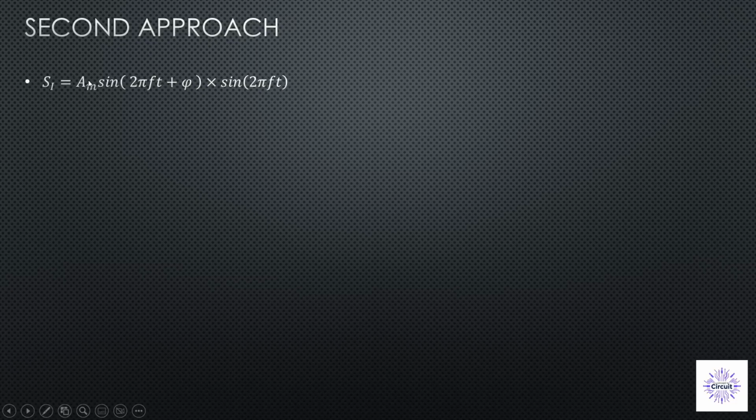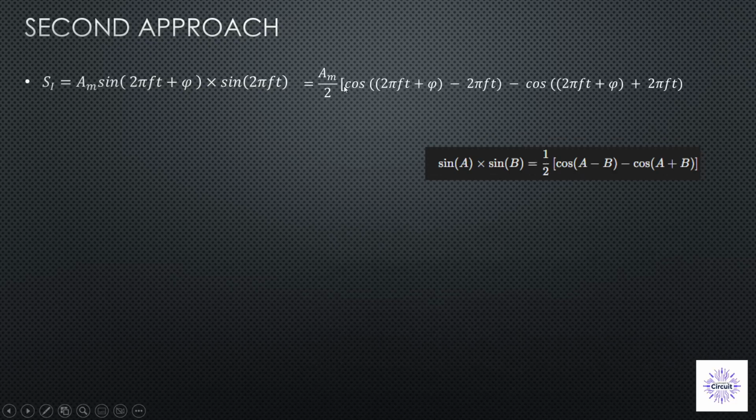What happens here, we can do some math equations to convert this multiplication to a subtraction. Sine A multiplied by sine B becomes half of cosine A minus B minus cosine A plus B. If we use this, we will end up with AM over 2.